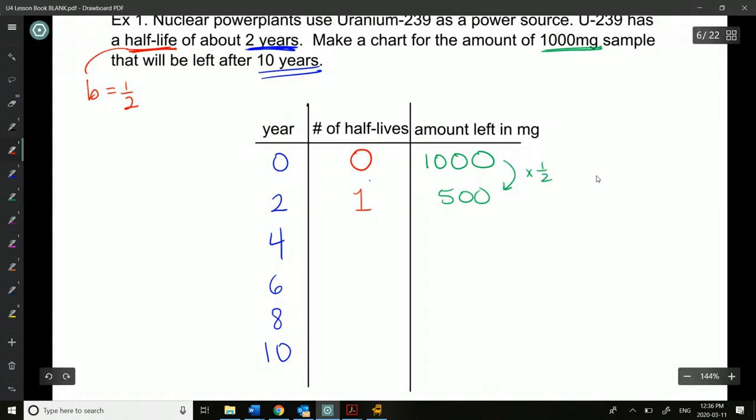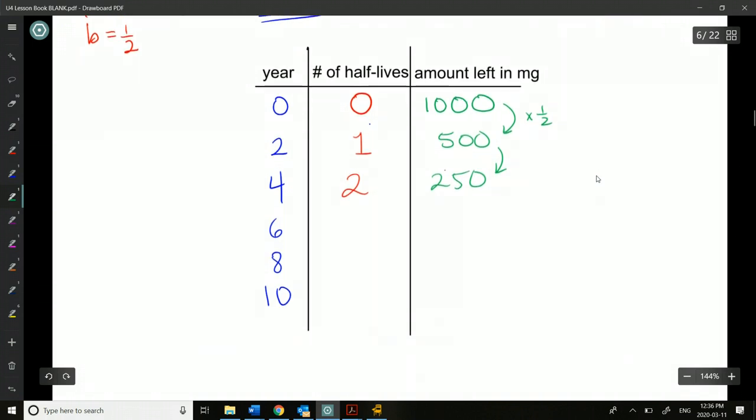Okay, after 4 years, how many times has our sample been halved? Or how many half-lives have happened? 2. Because every 2 years, 1 half-life happens. And how much is left of our sample? Charlie? 250. You got it. Okay, so we're going to continue with this pattern. Of course, after 6 years have happened, there are 3 half-lives that can fit in that time period.